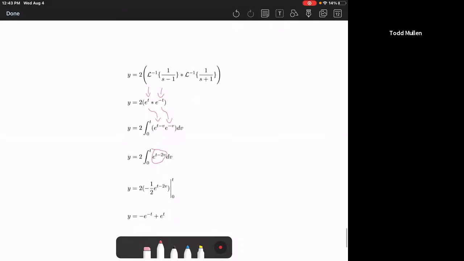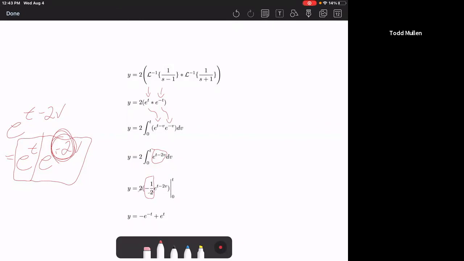And now when you integrate that, remember that e to the t minus 2v is equal to e to the t times e to the minus 2v. And this e to the t is just viewed as a factor at this point, just a coefficient. So we're really just looking at what this integral is, which means we're going to have to divide by that negative 2. So that's where this negative 1/2 comes out as a factor.